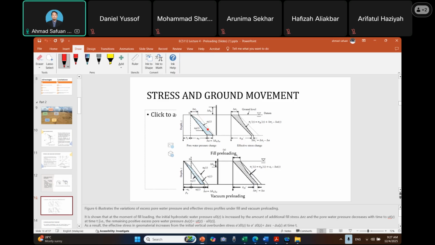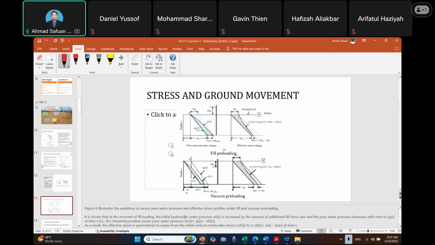And the pore water pressure decreases with time. This is the excess pore water pressure. It will decrease with time, or the remaining positive excess pore water pressure will decrease with time at the bottom depth.